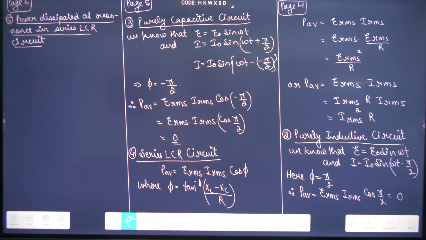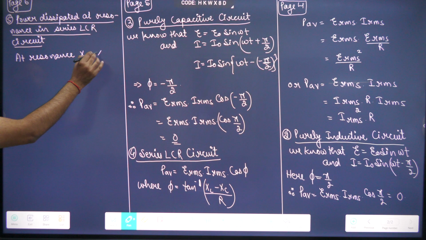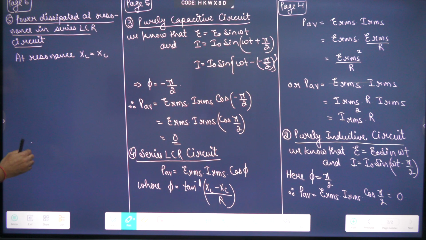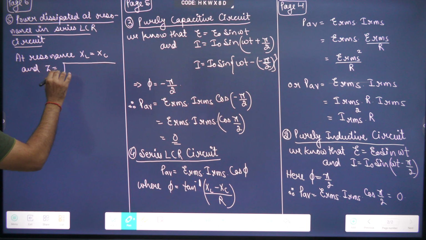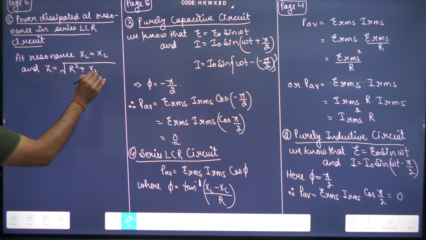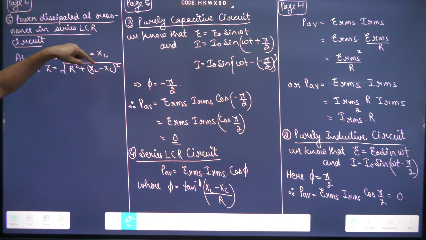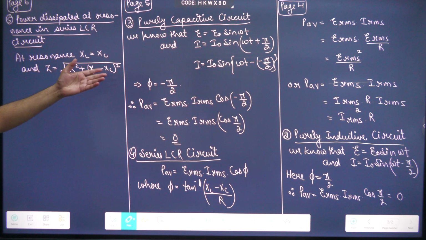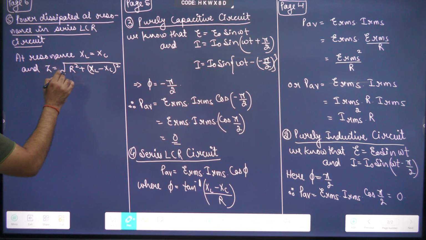So in the case of resonance, XL is equal to XC, and Z is equal to under root R square plus XL minus XC whole square. When XL is equal to XC, XL minus XC will be equal to 0. The square of 0 will be 0, so only under root R square will be left. That is, Z is equal to R.